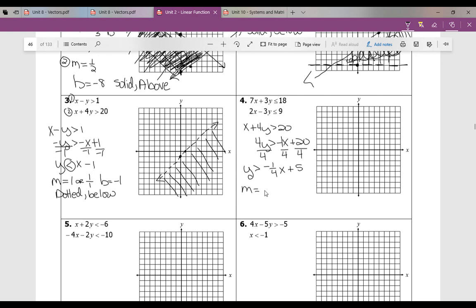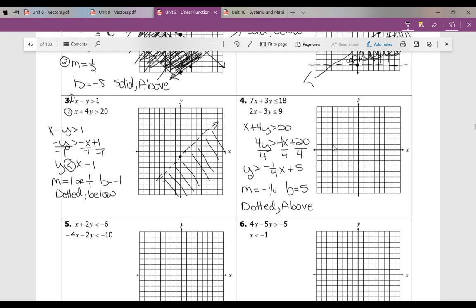So my slope is negative 1 over 4. My b value is 5. That will be a dotted line, and you will shade above. Everybody okay there? All right.